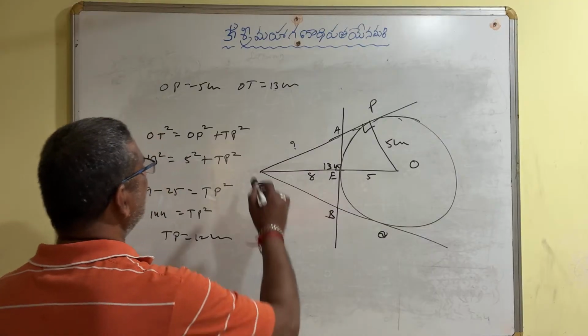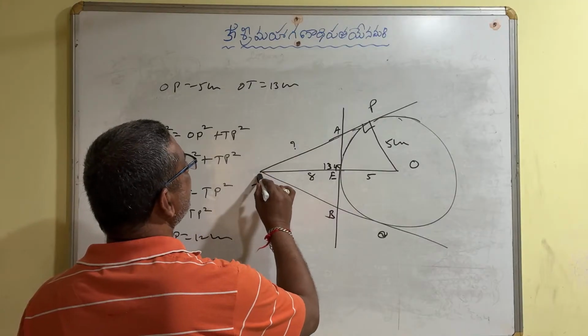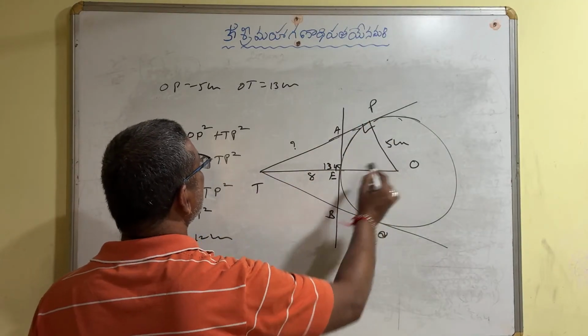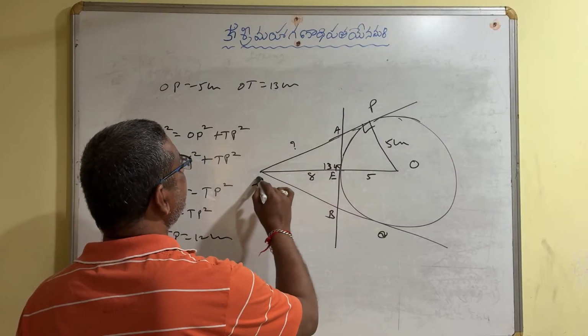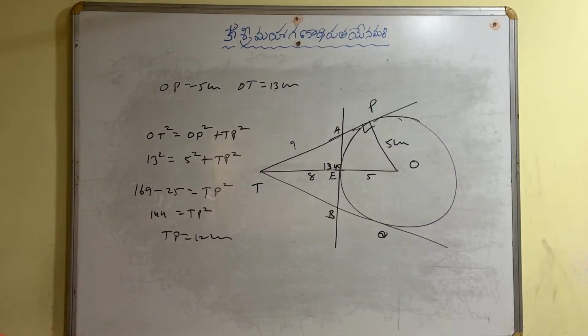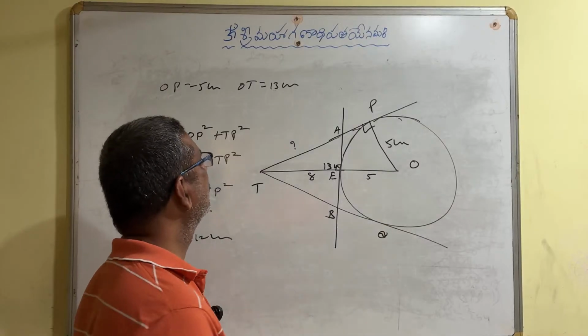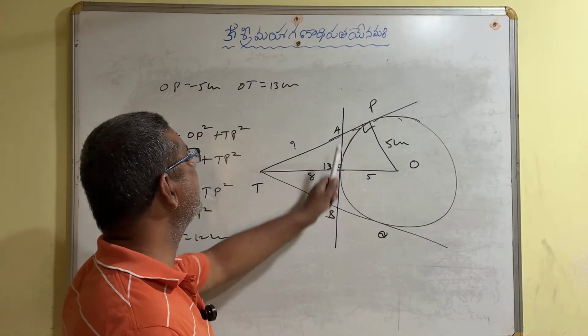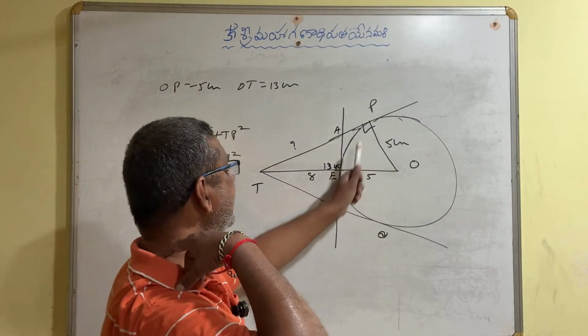Now triangle TPO and triangle TEA are both similar to each other. How? Angle T is common, 90 degrees.